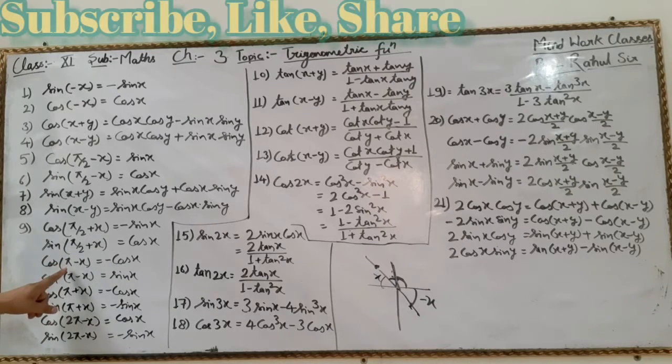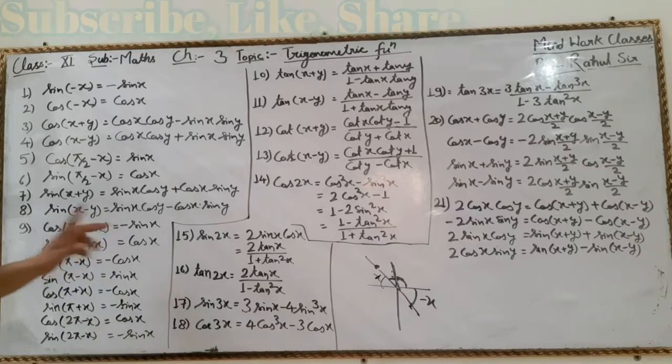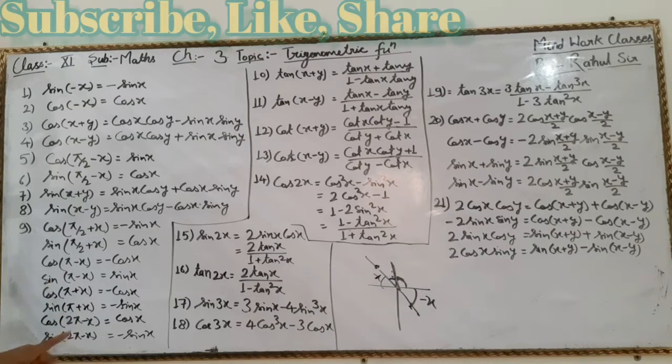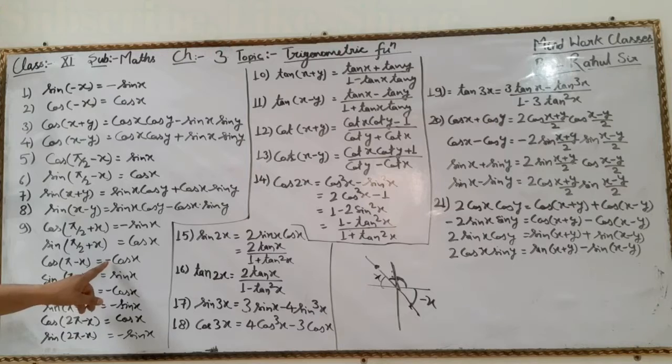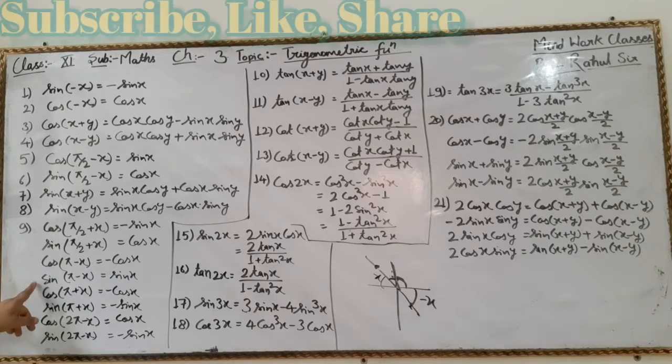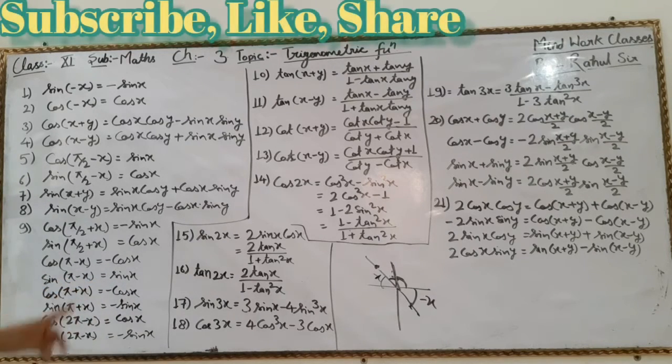But please understand, whenever there is pi/2, cos changes to sine and sine changes to cos. But for pi and 2pi there is no change. That means cos(pi - x) will be minus and cos will remain cos, and sine will remain sine. So sin(pi - x) equals sin x, cos(pi + x) equals -cos x, and so on.